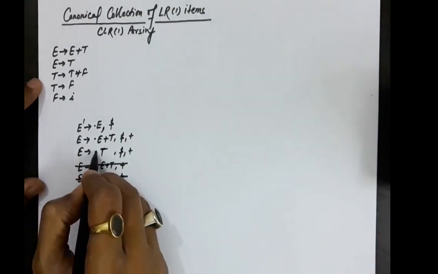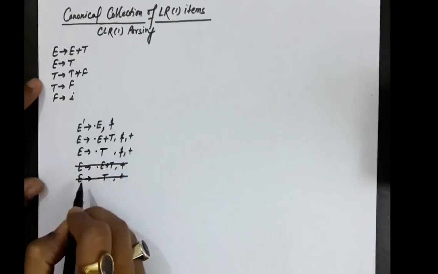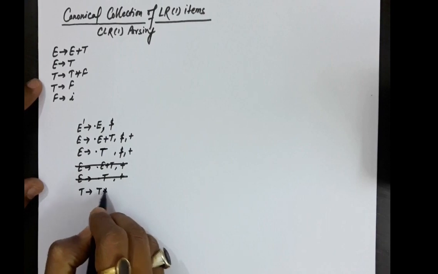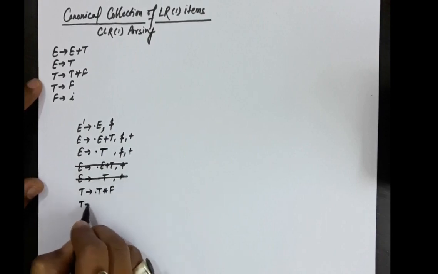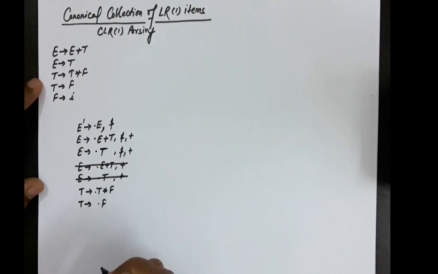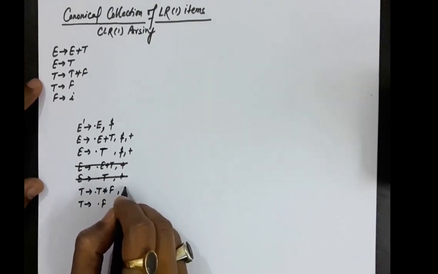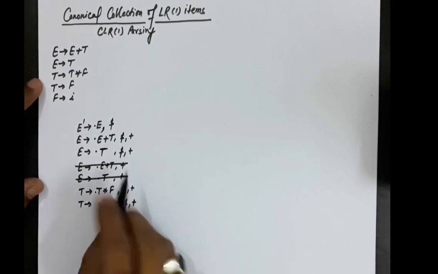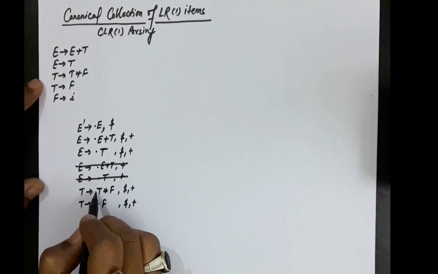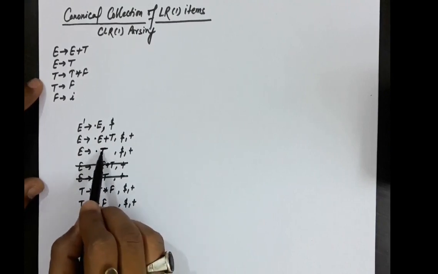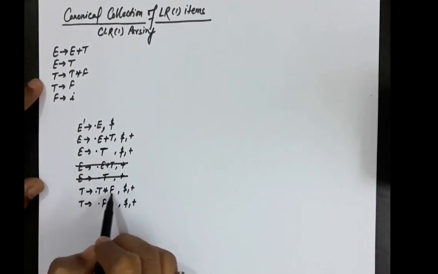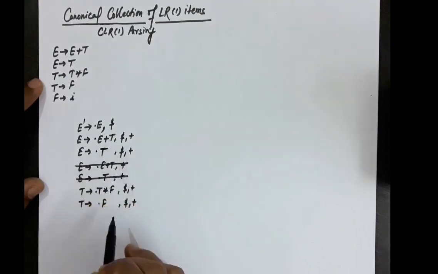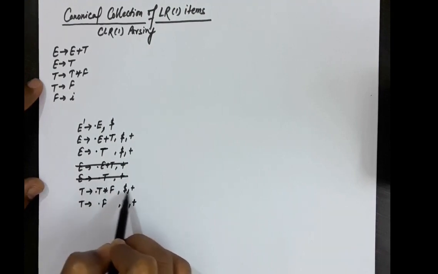Now you will be writing all the productions starting with T. So T produces dot T star F and T produces dot F with a dot at the first place, and the look aheads are dollar and plus. This was just because of this one. So T produces T star F, and you are finding the first of dollar and plus.